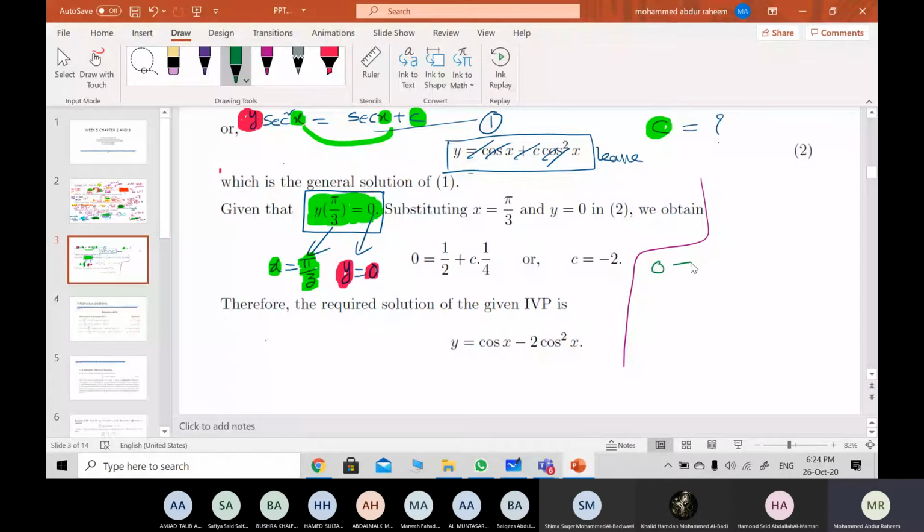So 0 multiplied with this, all is 0, secant. How much X? Sorry, this X how much? 6 power 3 X. X how much? This will be here.